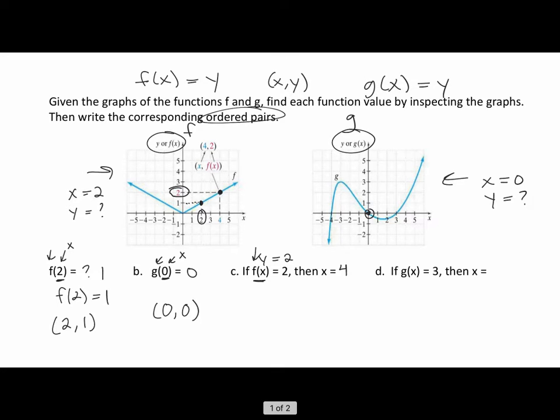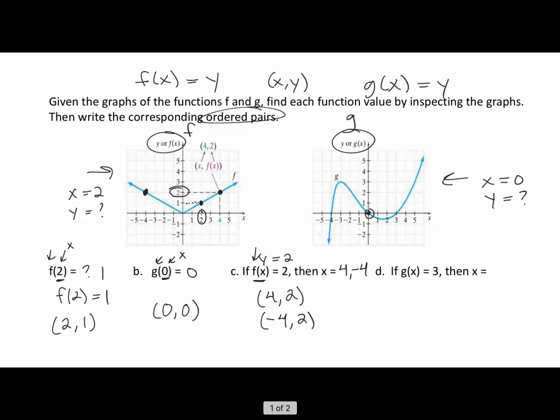But if you go the other way, there's another point here where x is negative 4. Both of those are points where y equals 2. So I'm going to have two ordered pairs. The first one, x and y, so 4 and 2. And another one where x is negative 4 and y is still also 2.